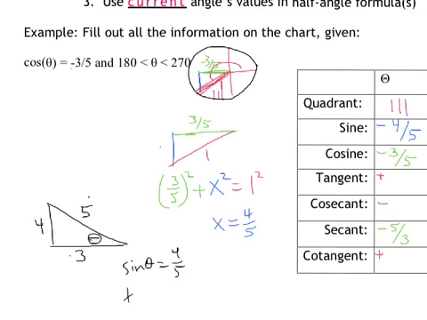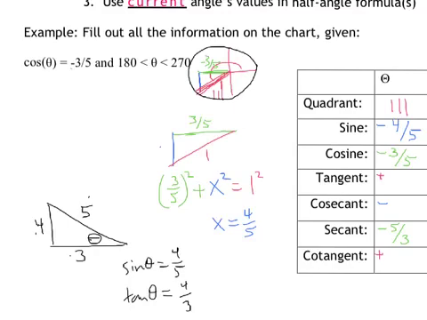Tangent is then opposite over adjacent, so opposite would be 4, adjacent would be 3, and so again, might be positive or negative 4/3, depending on what quadrant theta actually is in. And so, again, some people do that because then they don't have to deal with fractions. Doesn't matter. Somehow we need to figure out what all those different values are.